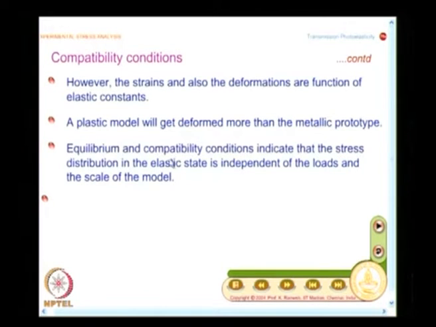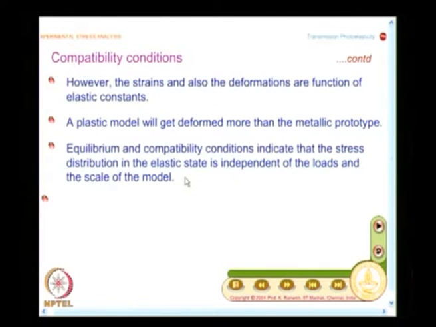So what we find here is that the equilibrium and compatibility conditions indicate that the stress distribution in the elastic state is what matters. We are not looking at plastic condition, we are looking at elastic state, and we are only discussing photoelasticity, we are not looking at photoplasticity. So with such kind of modeling, the stress distribution is independent of the loads and the scale of the model.